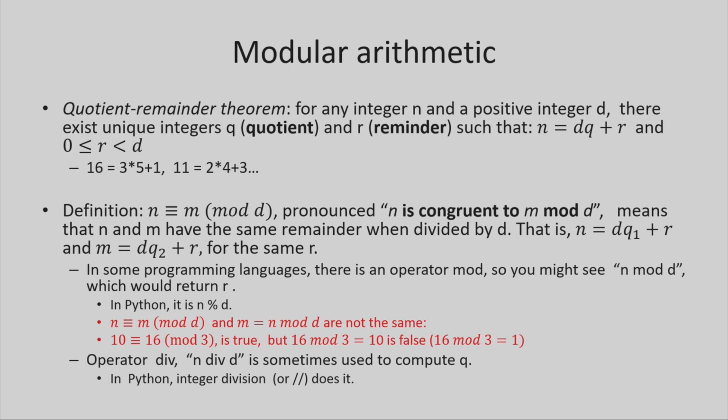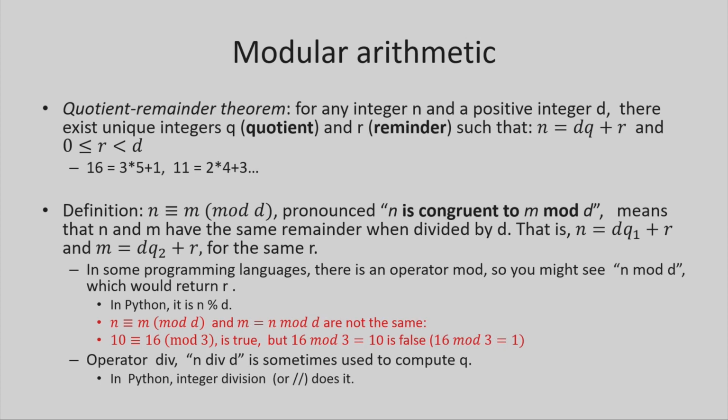But here, we are going to build a predicate, loosely based on this definition, which is congruence mod d. The difference in notation is very slight. For congruence, you have that equivalence sign instead of equality, and you put the mod d in parentheses. But the meaning is quite a bit different.